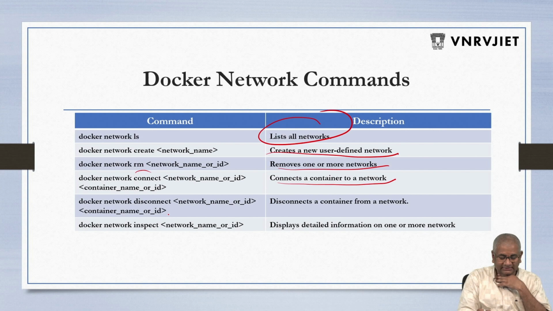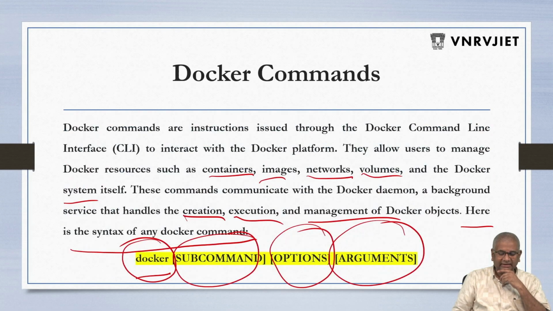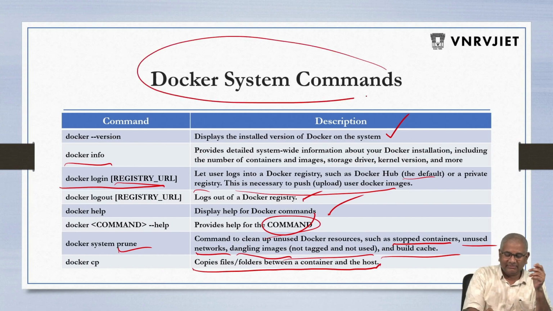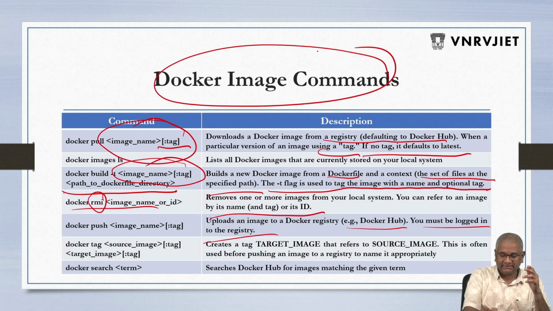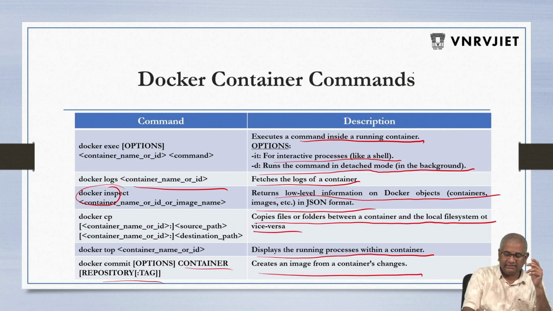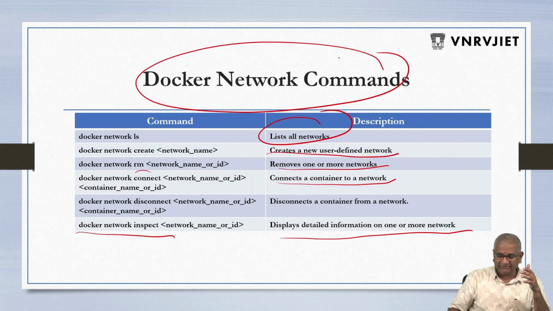Docker network disconnect. Docker network inspect displays detailed information on one or more networks, right? So basically, these are the network related commands. I have segregated them based on their uses. First is system commands, basic Docker system, then image related commands, then container related commands, then network commands. Like that I have segregated, right?